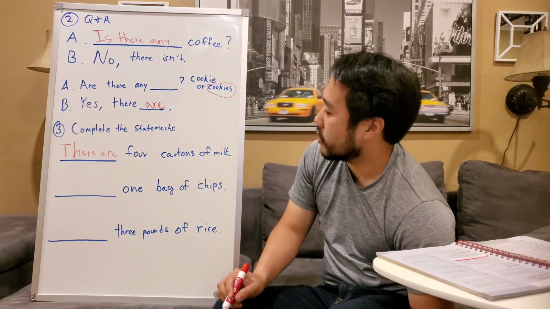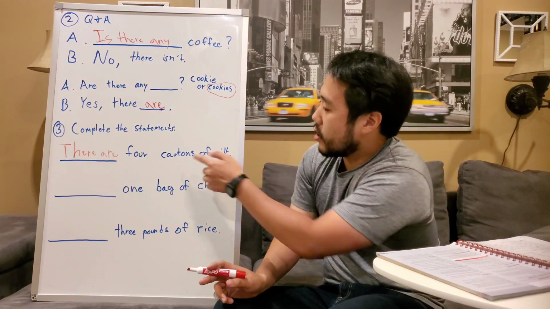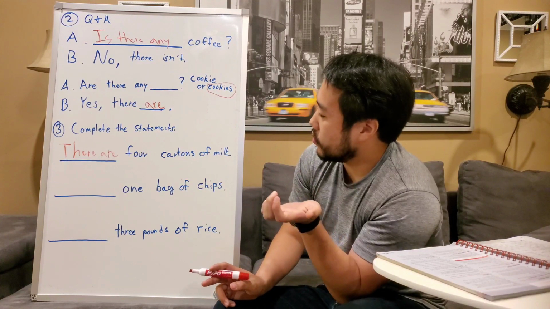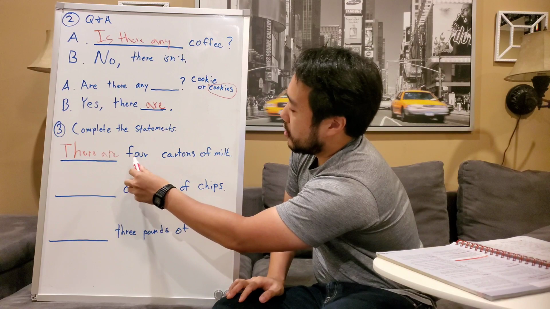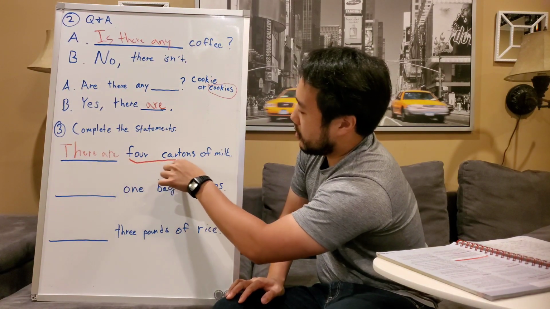But they use carton, which is the measuring unit, and there are 4 of them. So 4 cartons of milk. So we have to use there are.